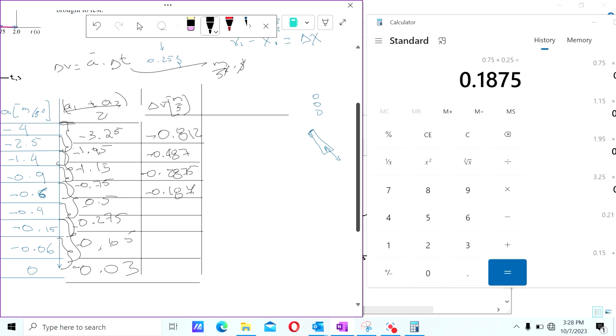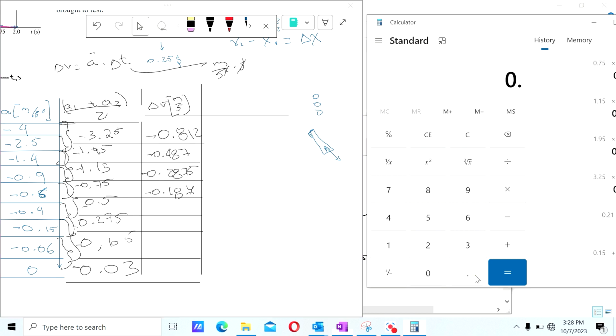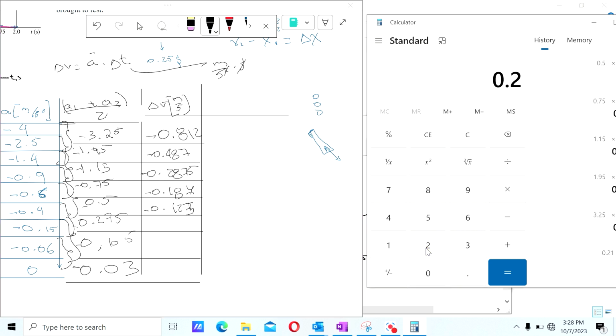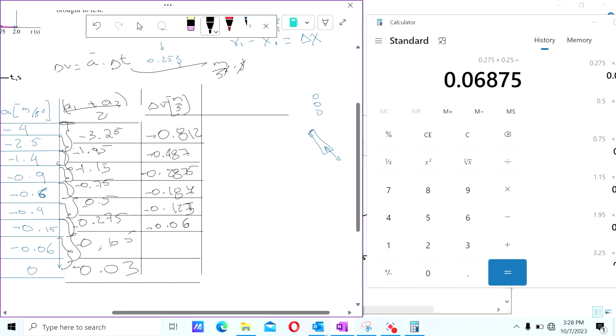Okay, then we have negative 0.5, a quarter of that is negative 0.125. Then 0.275 times 0.25 equals negative 0.068.